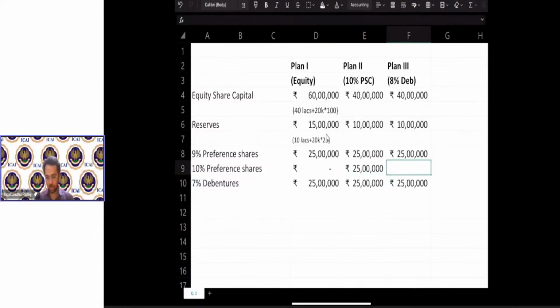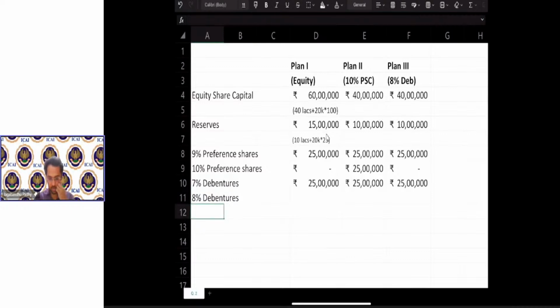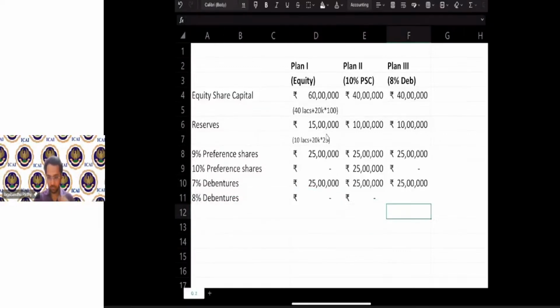And there's no preference share in the third plan. In the third plan, you're seeing an additional category of debentures, which is 8% debentures, which is 25 lakh.